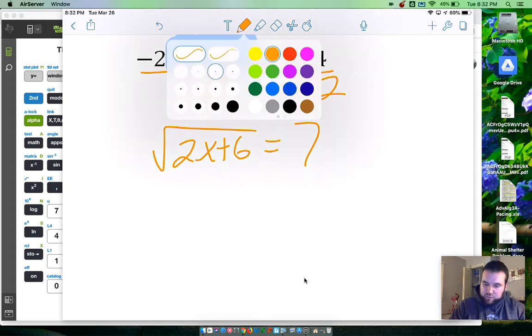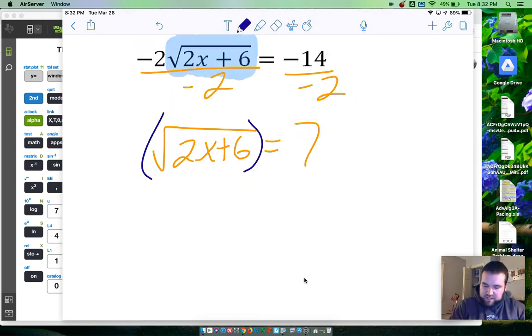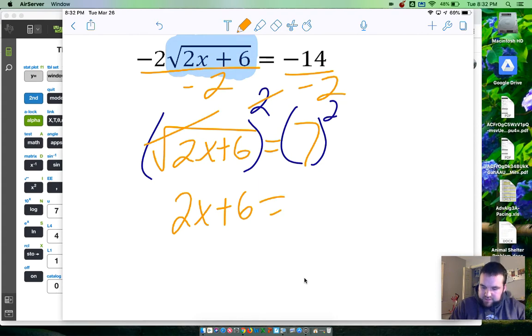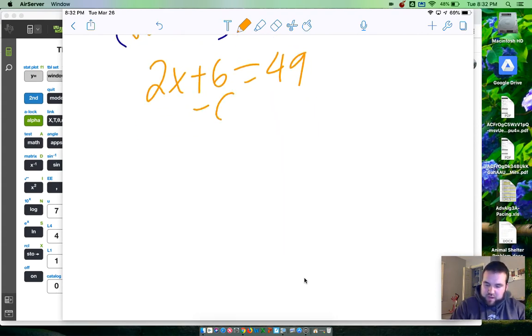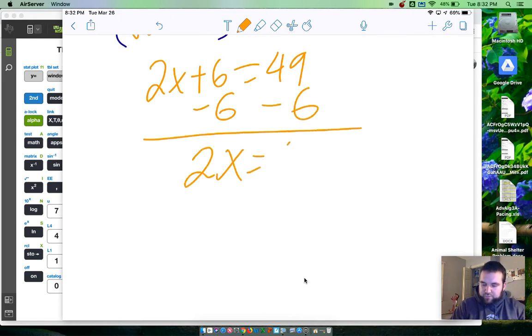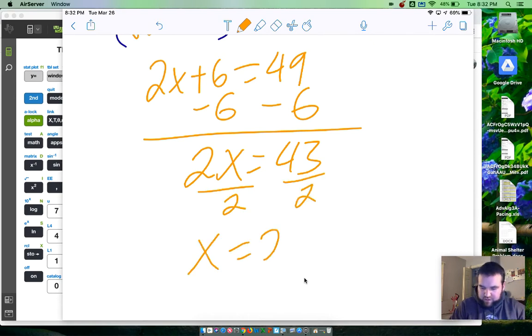Now that I have the square root isolated, I'm going to square both sides. Square that, and we get 2x plus 6, because that undoes the root, is equal to 49. At this point, I'm going to subtract 6, and 2x is equal to 43, which is not a clean number, but x is 21.5, or you could leave it as 43 over 2.